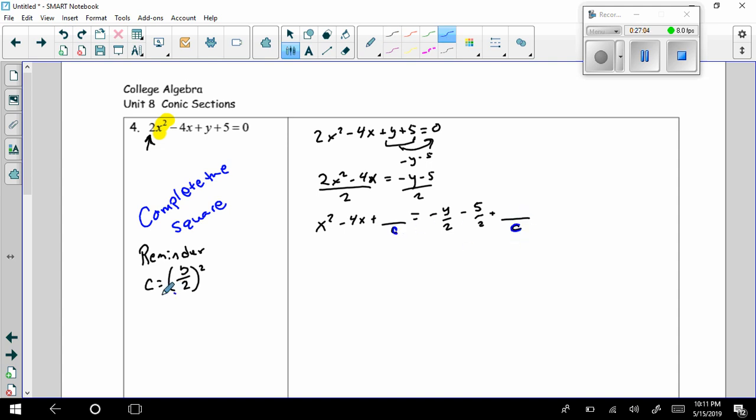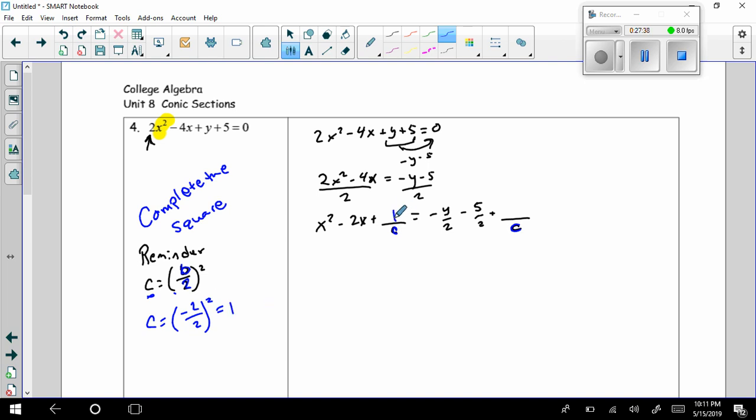All right, so C is B divided by 2 squared. Our B term, I did not divide that. Sorry about that. Our B term is negative 2. So we're going to take C equals negative 2 divided by 2 squared, which is 1.